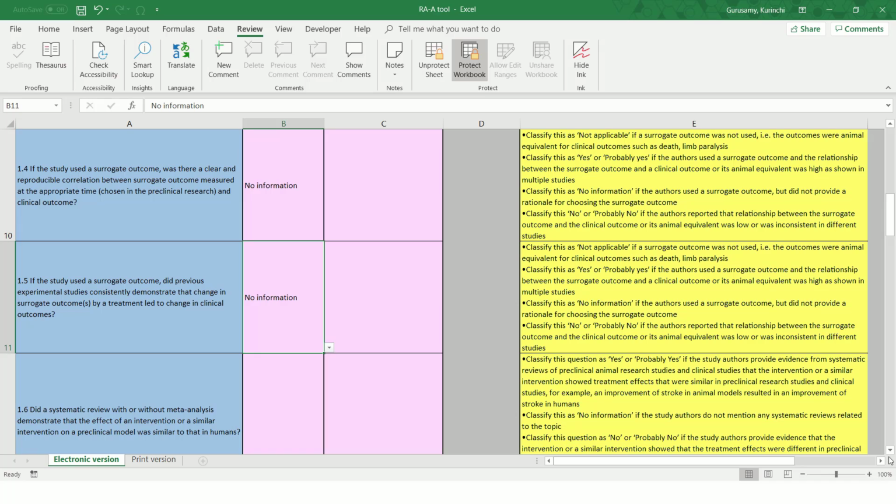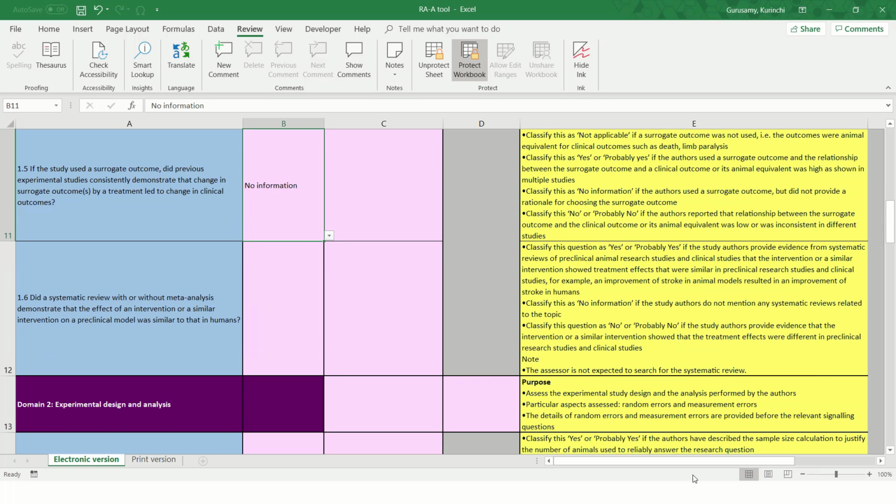Now, did a systematic review with or without meta-analysis demonstrate that the effect of an intervention or similar intervention on a preclinical model was similar to humans? Of course, they don't provide any rationale as to why they chose the model.